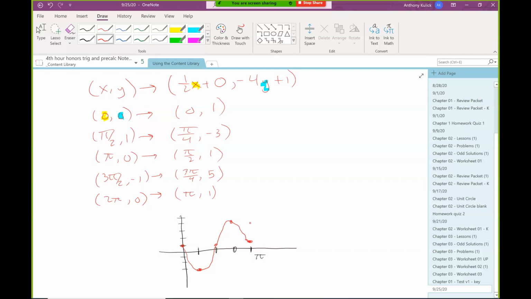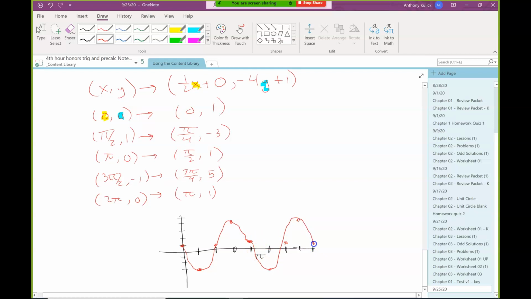What if I wanted more? What if I asked you to graph 2 periods? Well, 1, 2, 3, 4 evenly spaced tick marks, and I'm just going to repeat the pattern. So we're back at 1, so the next one we should be at is down to -3. Back up to 1, up to 5, and then back down to 1 again.